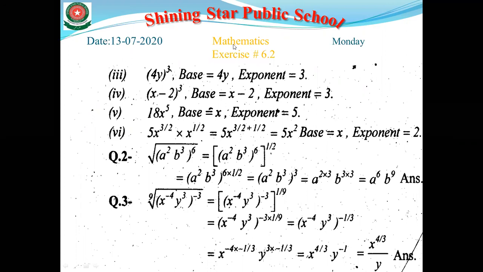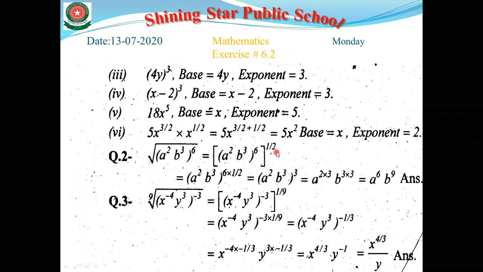Now question number 2, a square b cube power 6 whole under root. In this question we have to write this square root as 1 over 2, because we know that square root is equal to 1 over 2. There are two different methods to solve this question. First method is we multiply 6 with 2 and 3, it becomes 12 and 18, then we multiply with 1 over 2.